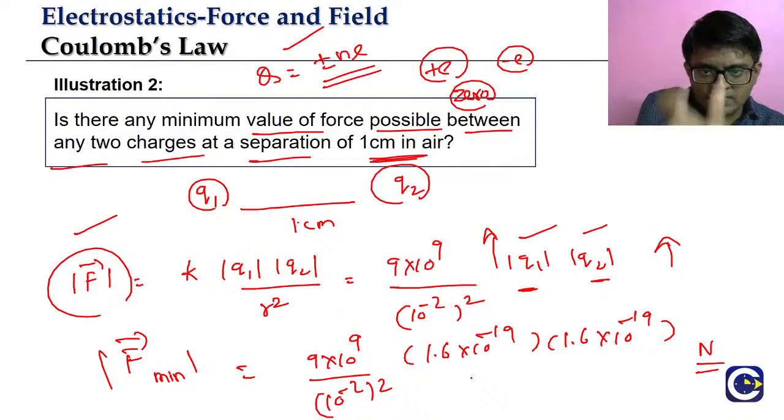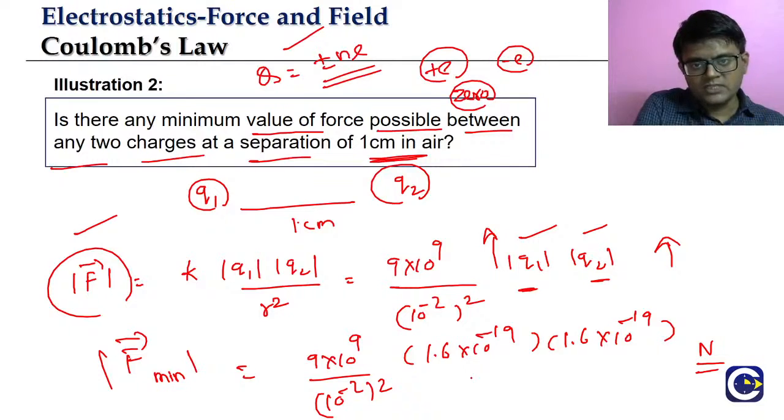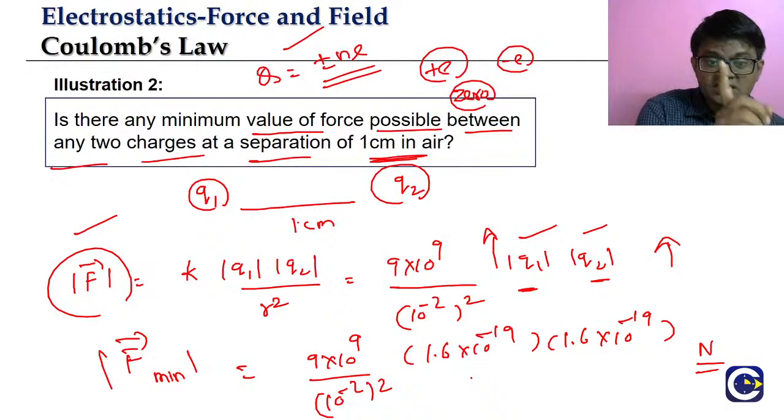Q2 also will have a minimum value of the basic charge. Zero would mean an uncharged object. But they are saying charges, so the minimum possible value of the charge is the basic charge. This is how we look at a question like this.